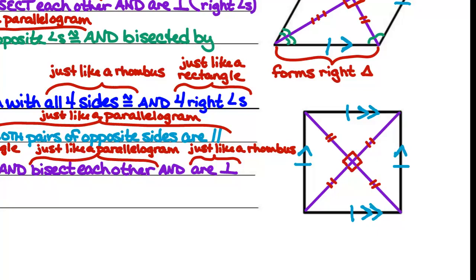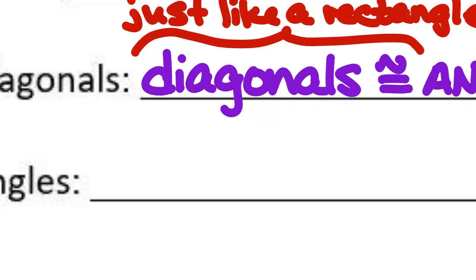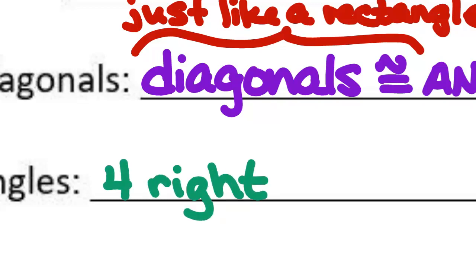And then the last thing we need to talk about is the angles. They have 4 right angles, just like a rectangle.